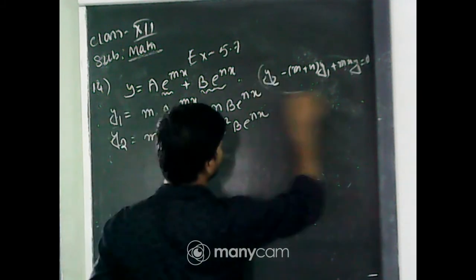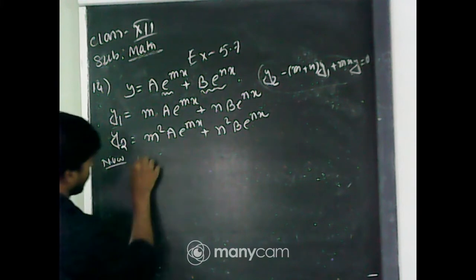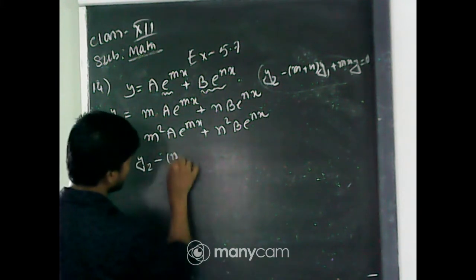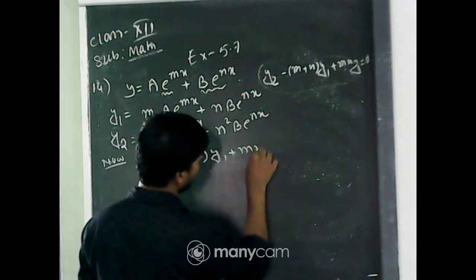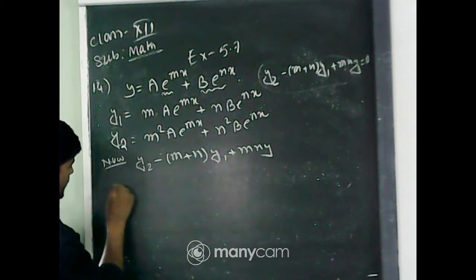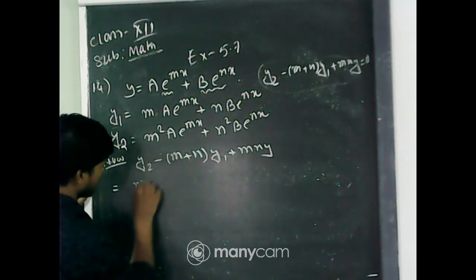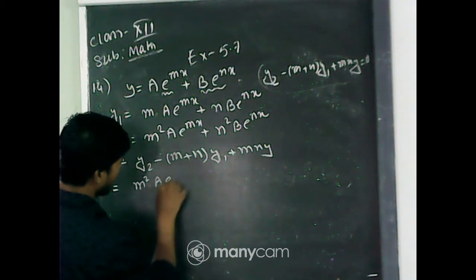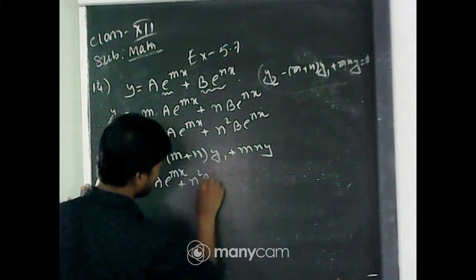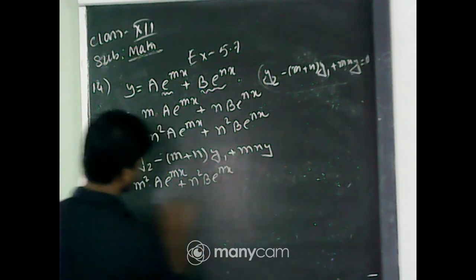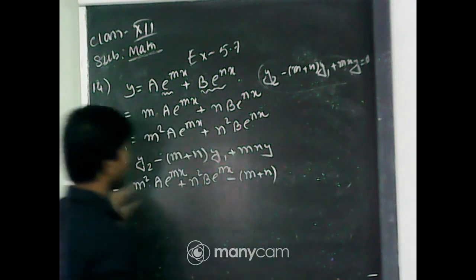Now put it here. So now y2 minus (m plus n) into y1 plus mn into y is equal to, now put the values. The value of y2 is m square into a e to the power mx plus n square b e to the power nx, minus (m plus n) into y1.